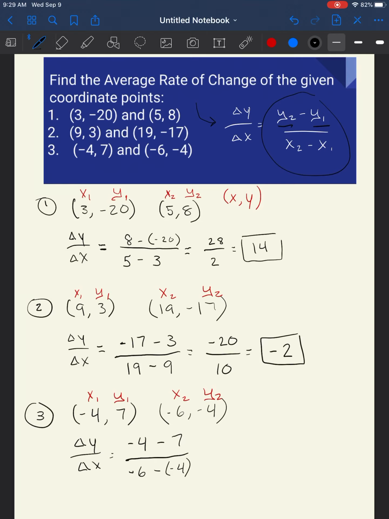Now you'll notice I always put it in parentheses if I'm minusing a negative, just to keep it from getting confusing. -4 minus 7 is -11. -6 minus -4 is -6 plus 4, which is -2. So my negatives cancel, and I'm left with 11 halves, which is equal to 5.5.